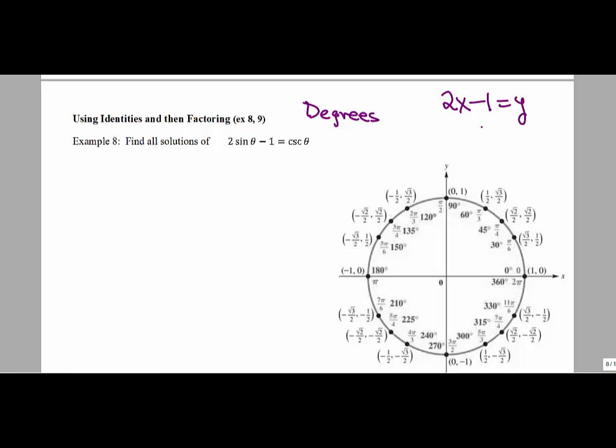So let's think about this. If I go back to the trig equation here, is there a relationship that I can manipulate between sine and cosecant? And the answer is yes. We can actually use the reciprocal identity.